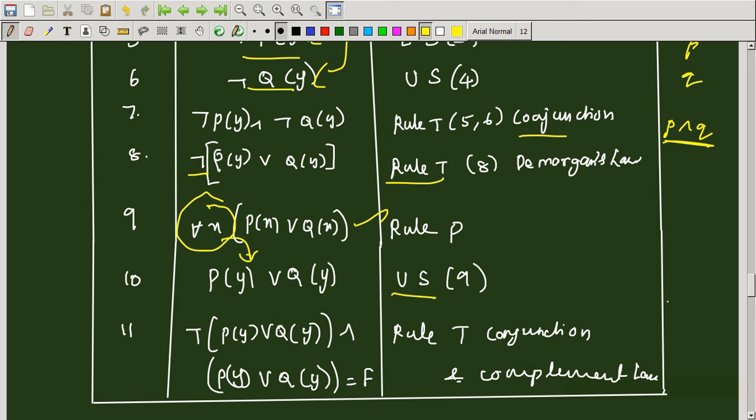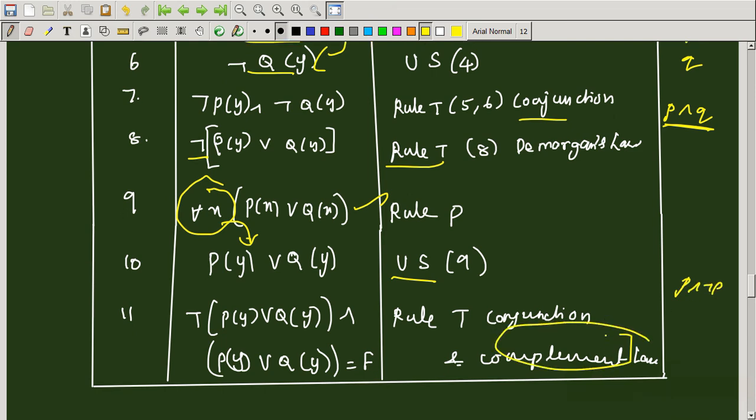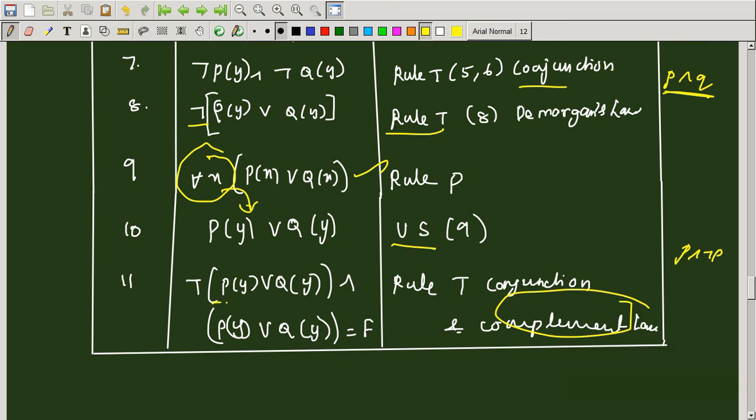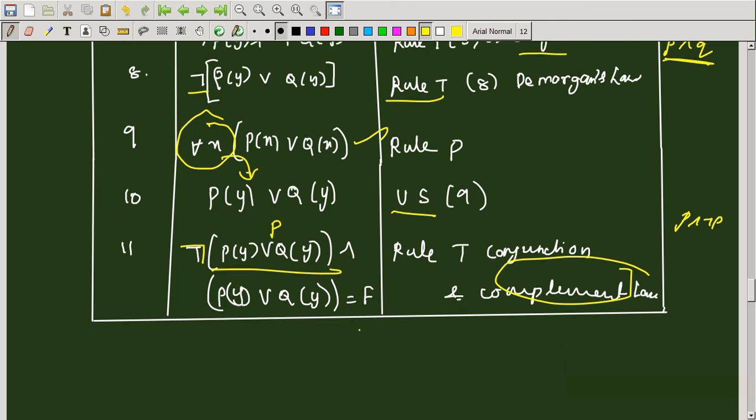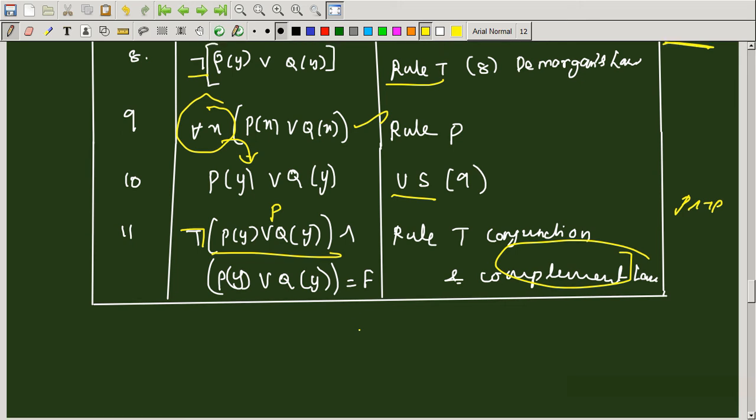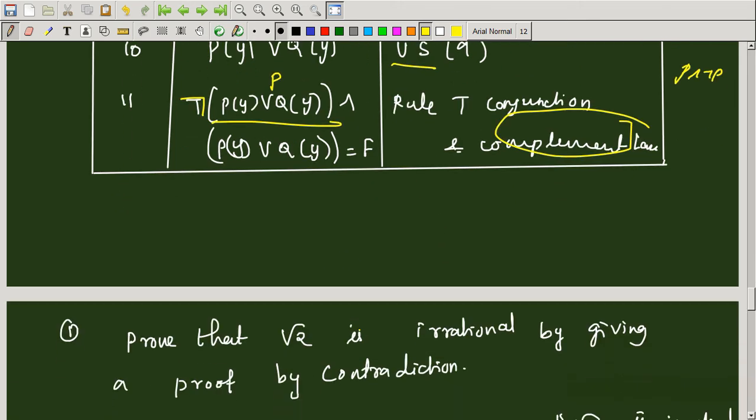After that, P and negation P is false by the complement law. The same thing we are doing here. So the entire thing, just consider P. So that is negation P and P, which is called false. Anyway, the indirect method means finally we need to say false. So anyway, we have proved this also. So this is the format of solving this type of predicate calculus.